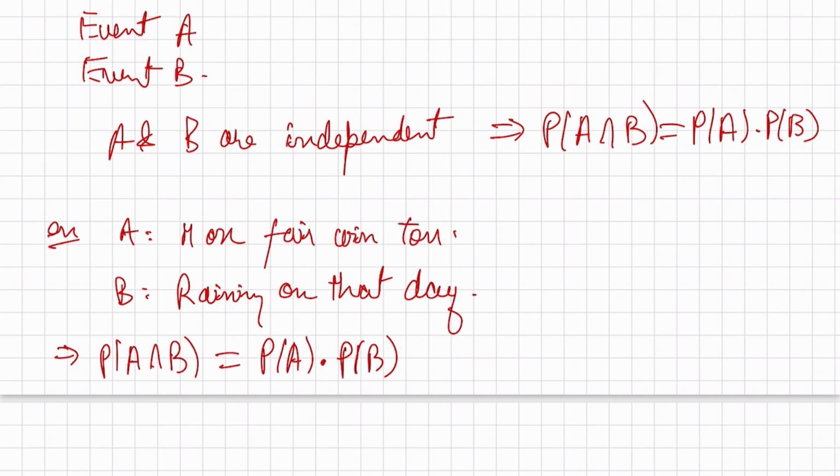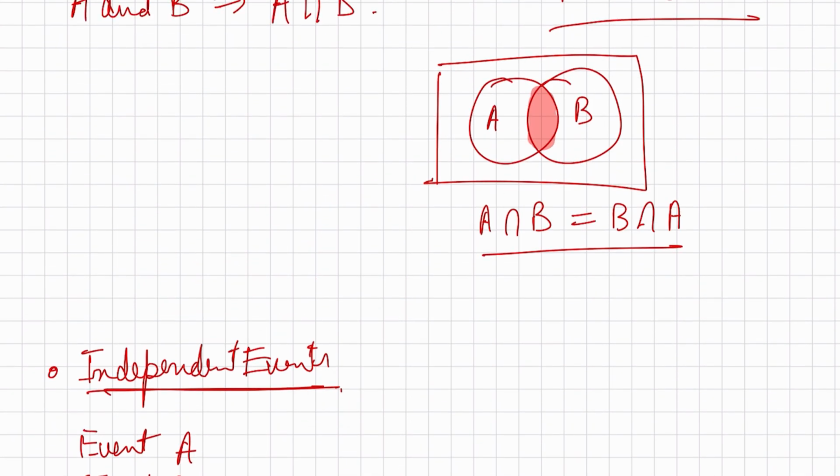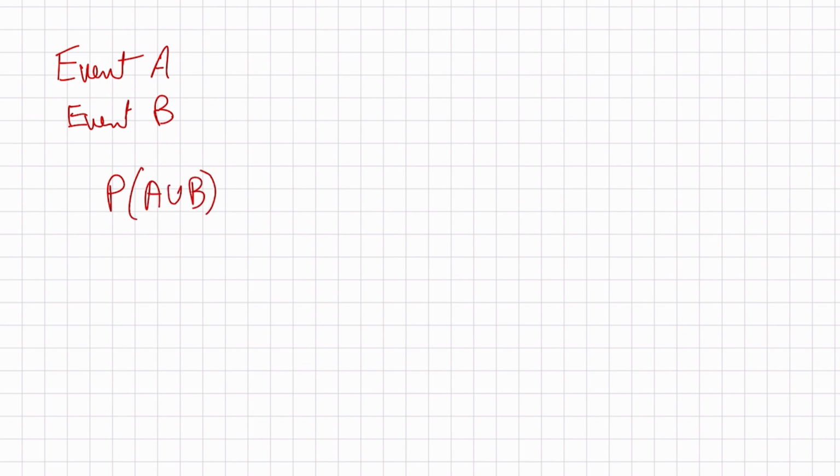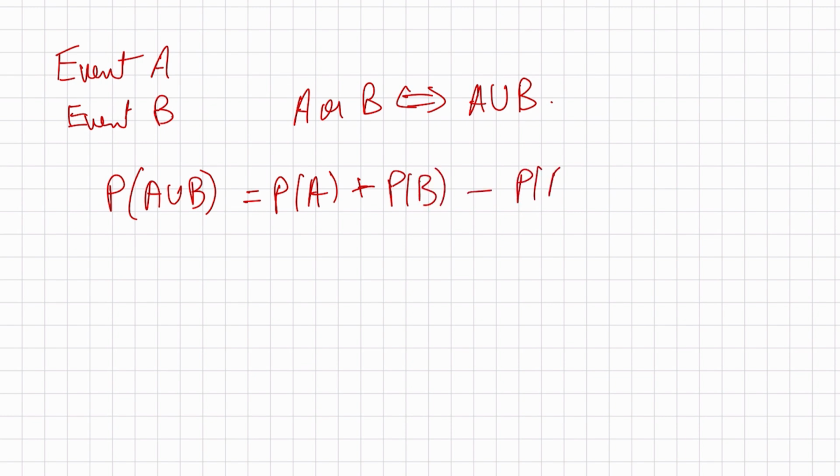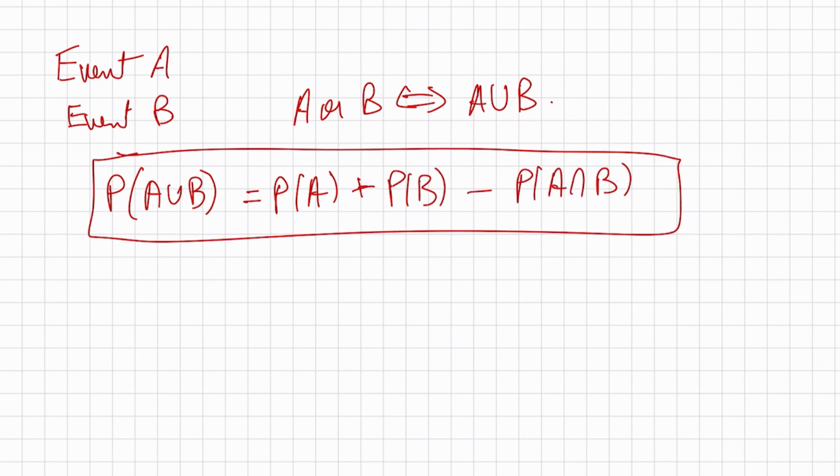That's basically the basic formula of independent events. Okay, so I'll quickly talk about now some of the formulas, and then we can also see how independent events influence these formulas. So one of the formulas which you would see is, let's say if there are two events again, event A, event B, the probability of A union B. And right now, I don't claim anything about their independence or non-independence, but the probability of any two events happening, this is A or B, which is equal to saying A union B. Then the probability of A union B is nothing but the probability of A plus the probability of B minus the probability of A intersection B. Okay, so this is a generic formula for any two events.